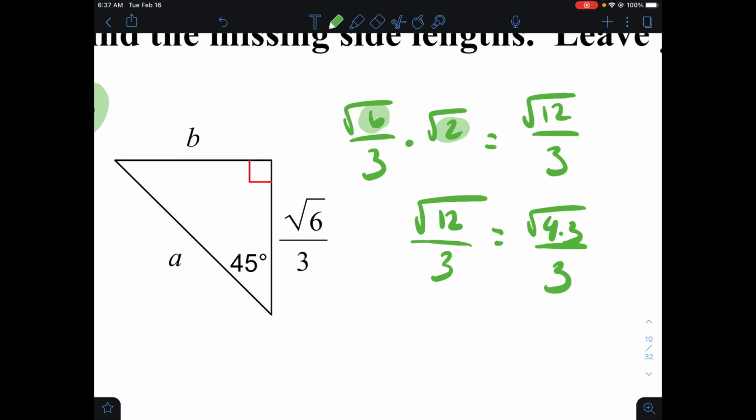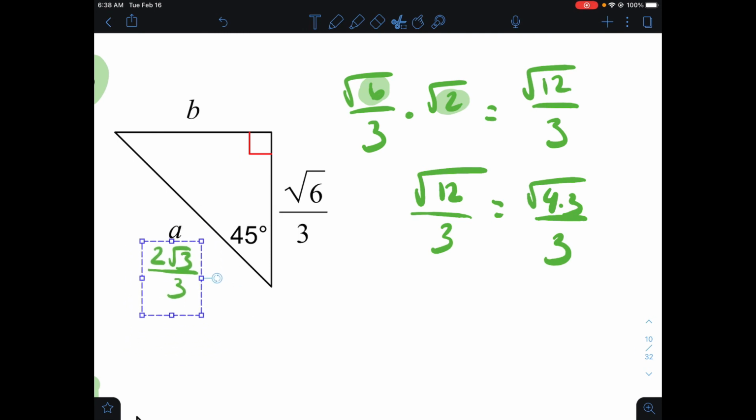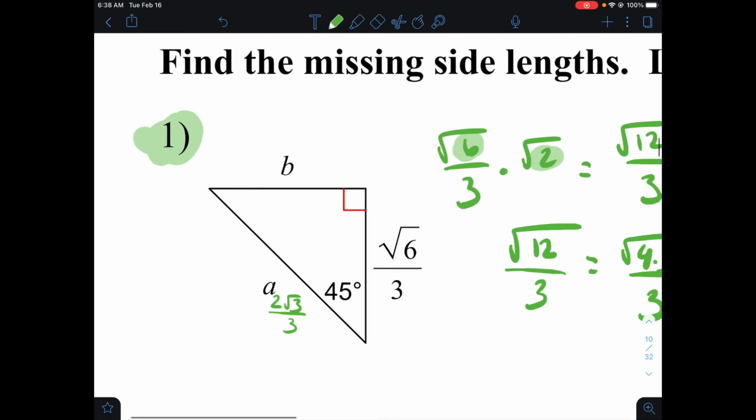And you can take the square root of 4, which is going to give you 2 root 3 over 3. All right. And that is going to be your hypotenuse. And then, of course, your leg is going to be the same thing as your other leg. So you would have root 6 over 3.